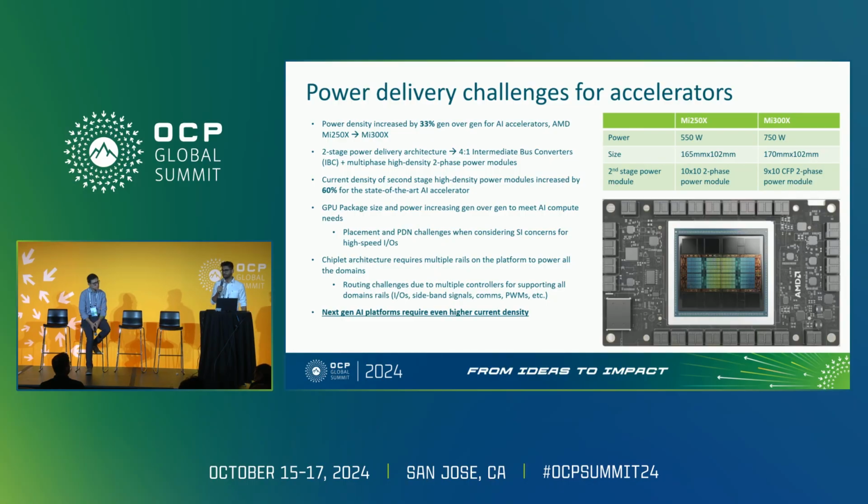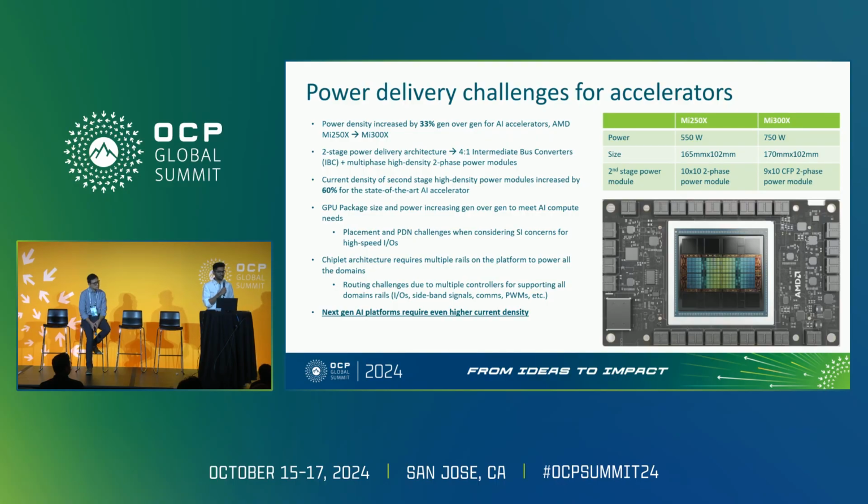Chiplet architecture, as most of you are familiar with, provides great performance, flexibility, and compute efficiencies. But for platform designers, it poses another challenge of supporting multiple power domains on the platform. That typically involves having multiple controllers, and that comes with multiple IOs, PWMs, current sense, voltage sense, T-sense, all the sideband signals that you have to route.